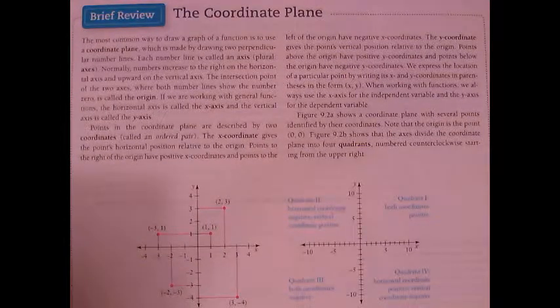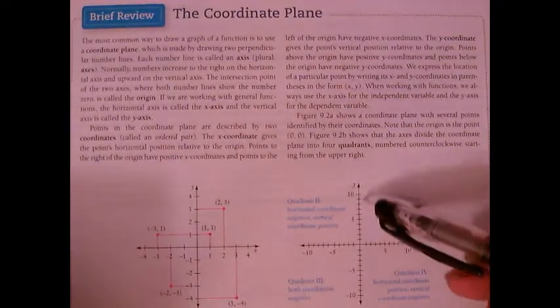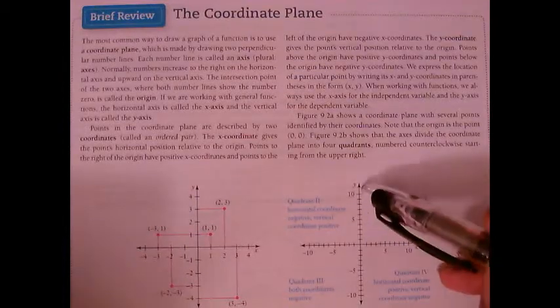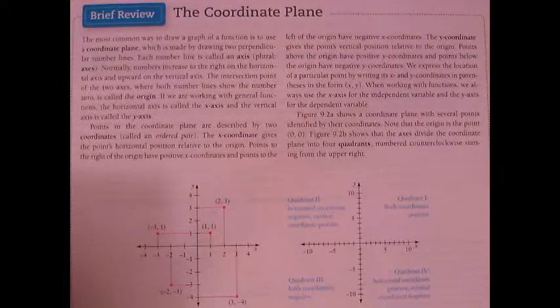Now the y-coordinate gives the point's vertical position relative to the origin. Points above the origin have positive y-coordinates. That's these numbers here. And points below the origin have negative y-coordinates. Here we express the location of a particular point by writing its x and y coordinates in parentheses in the form (x, y).